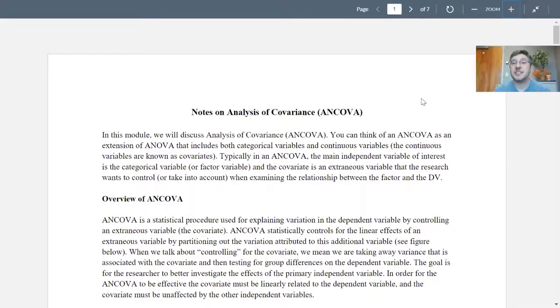Typically, in analysis of covariance, the categorical independent variable is our main variable of interest, and the covariate, which is typically continuous but doesn't have to be, is an extraneous variable that we want to control for, to take into account. We want to take into account variation on this covariate to then examine differences on our independent variable, our main variable of interest.